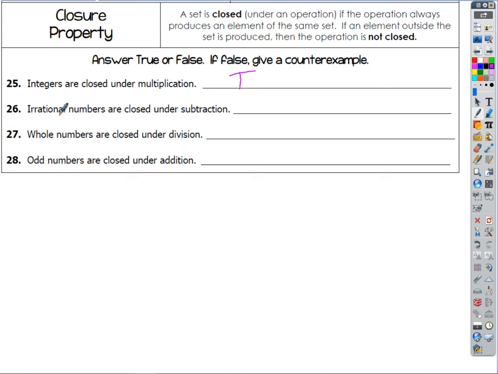But can someone come up with a counterexample? Pi minus pi equals 0. Oh, there you go. Rational. Pi minus pi, how about? Right? So this one, we could come up with a counterexample. It's false because pi minus pi equals 0, and 0 is not irrational, right? Okay, so that's not closed.